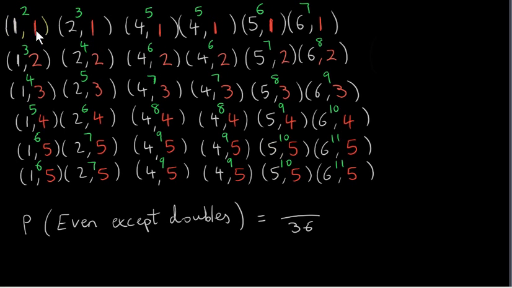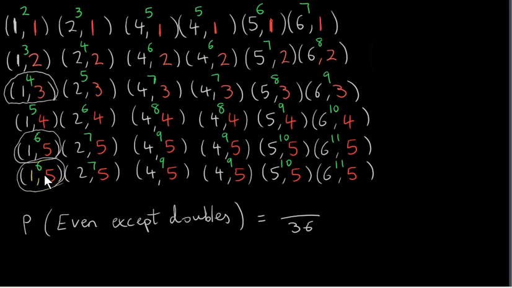Well, 1, 1 is a double, so we don't include that. So is 2, 2. 1, 3 gives an even outcome of 4, and it's not a double, so this is included. So is this. 6 is an even number, and the numbers on the die are not doubles.